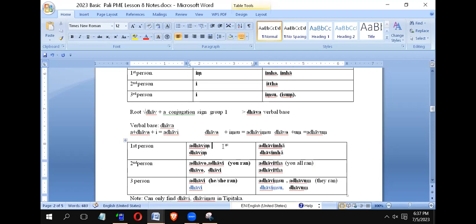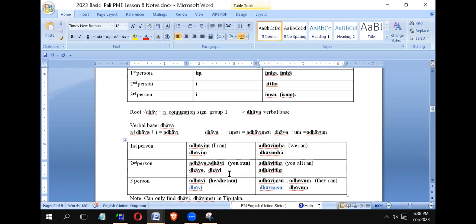First person is I ran. And then this is we ran. So I show you all these forms so at least you can see and understand this past tense. So adavim, davim, adavimha, davimha.